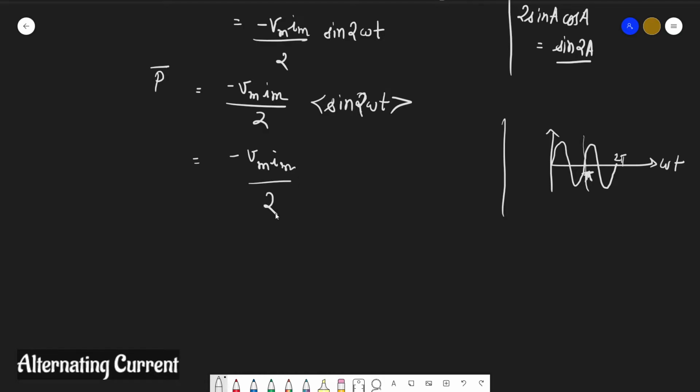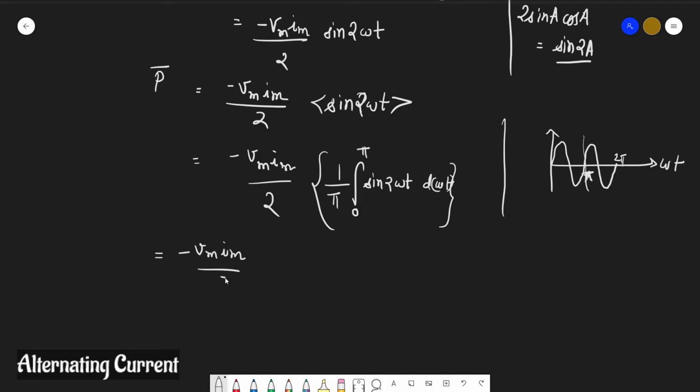Alternatively, if you want to follow the integration path, you can follow this manner. So now, this is integration of sine 2 omega t. I will be integrating with respect to omega t because I am writing the limits in terms of pi. So now the cycle is from 0 to pi only. Since frequency is doubled, now 1 upon pi. This is the average value. So if I am considering this by 2, you can write sine 2 omega t integration is minus cos 2 omega t by 2.